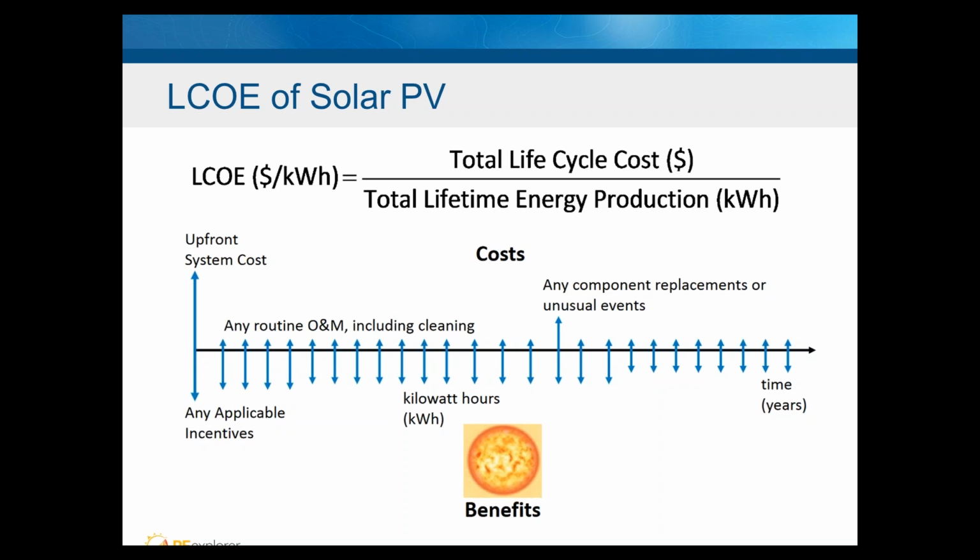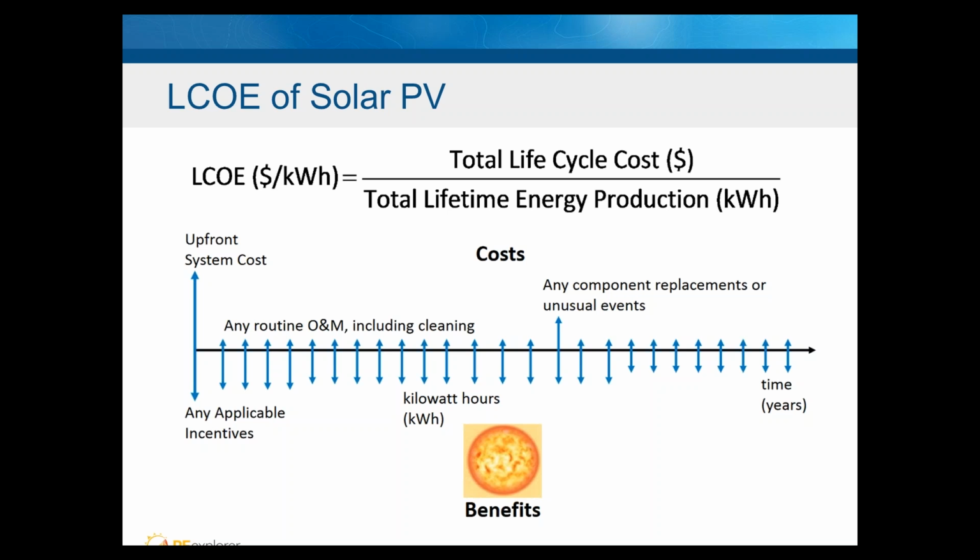And you start seeing the cost of the project for operation and maintenance, any variable or fixed operation and maintenance for the project. And the project itself, for solar, will produce electricity, which has a cost value over the whole project.